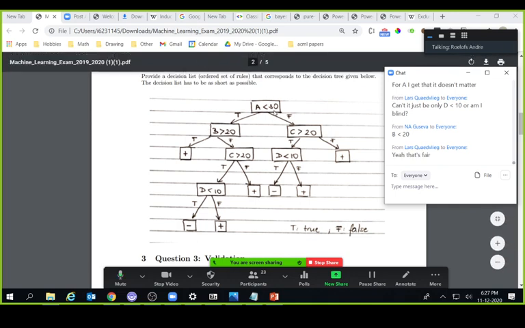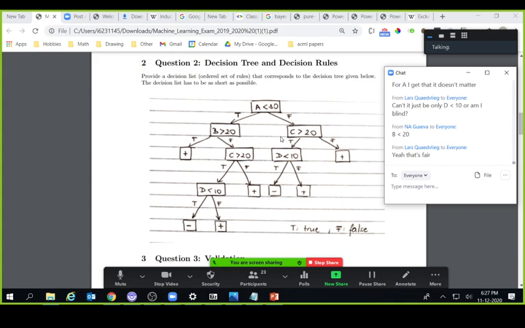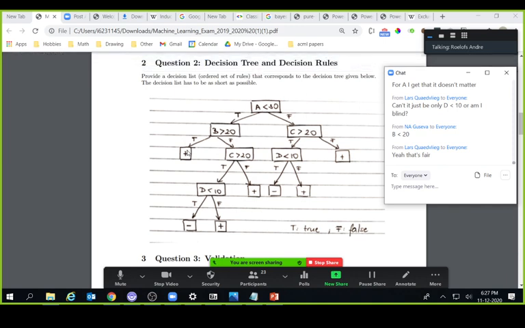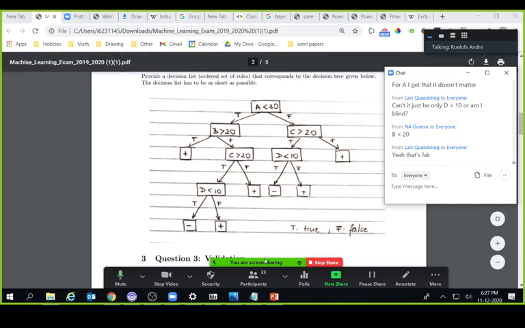Because let's say that we go into paths here, A doesn't matter. If B is bigger than 20, then we already have a plus, and if B is not bigger than 20, or wherever A is, then D decides. So B and D are the only ones that decide actually. So let's say that A is smaller than 30 and B is bigger than 20, then we already get a plus, right? Let's say we have an example.